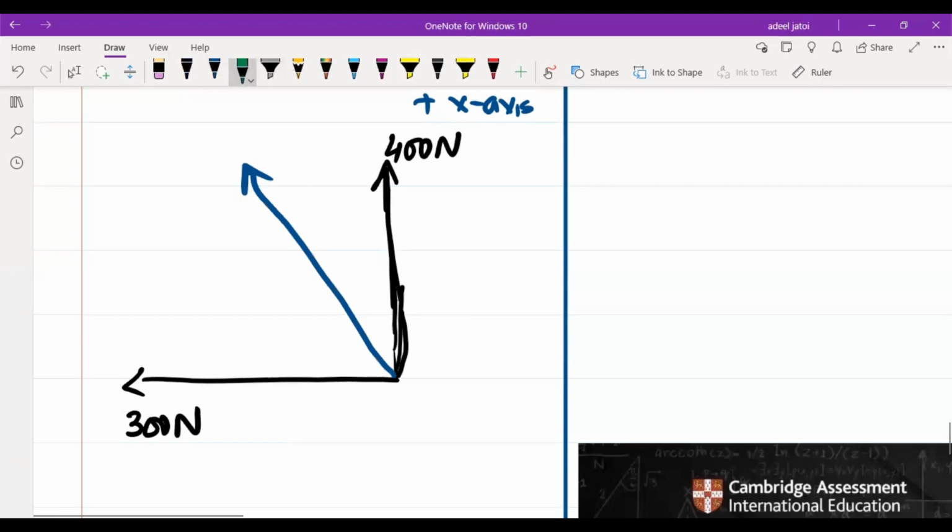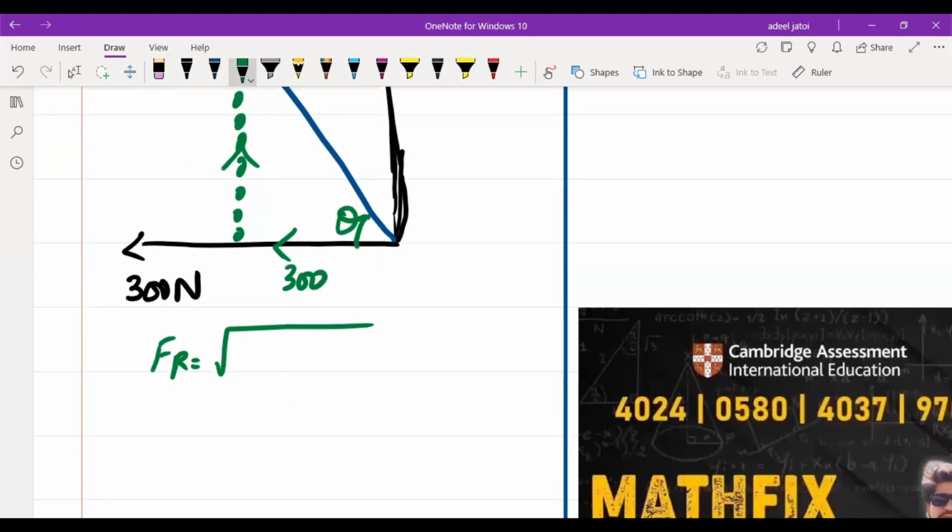Considering this, let's say we take this as resolution. So this is going upward and going left. So we need to calculate theta. This is 400 and this is the 300 force. So FR will be under root 400 square plus 300 square, which means FR needs to be 500 Newton.